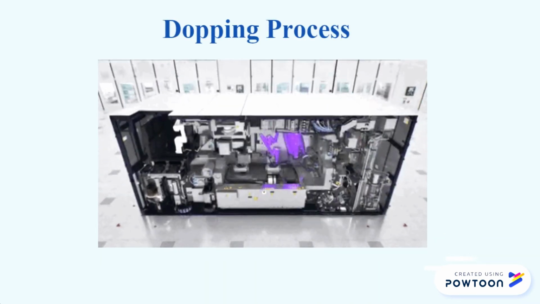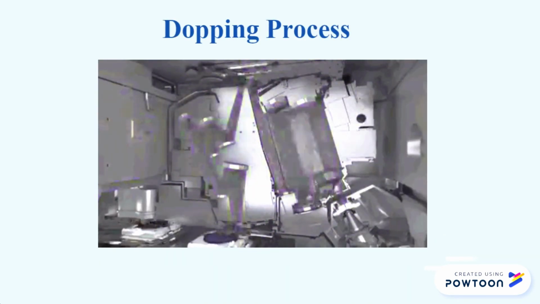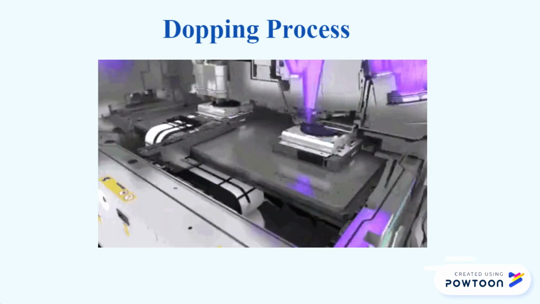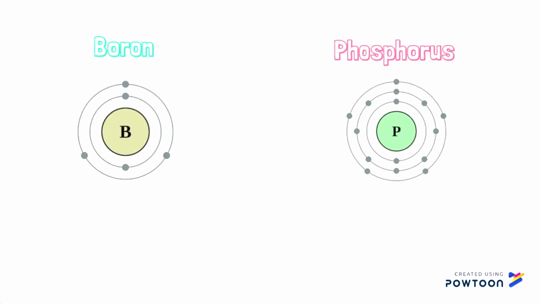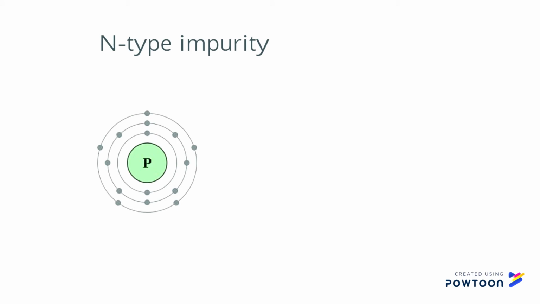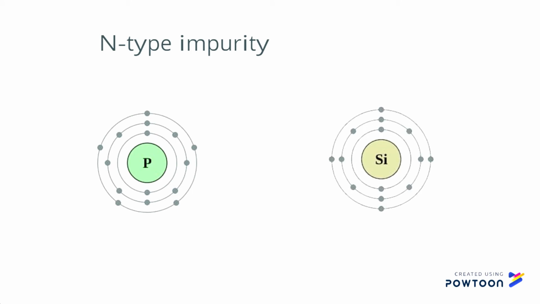In industry, the doping process is very important to increase the conductivity of the semiconductor by adding impurities. Usually, the impurities used in industry are boron and phosphorus. The N-type impurity phosphorus atom, the donor atom, has one more valence electron than silicon.